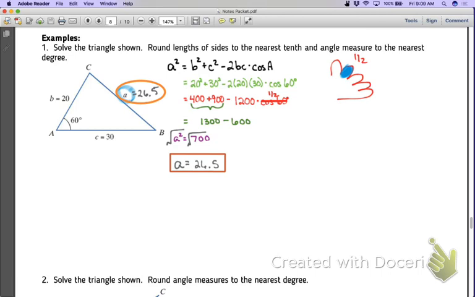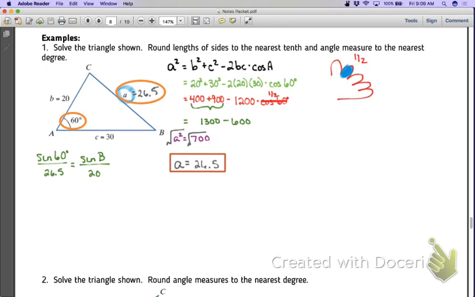Since you have that, then you're going to use 60. So if I go back to law of sines, sine of 60 degrees divided by 26.5 equals, if you want to find angle B first, you can, sine B divided by 20.